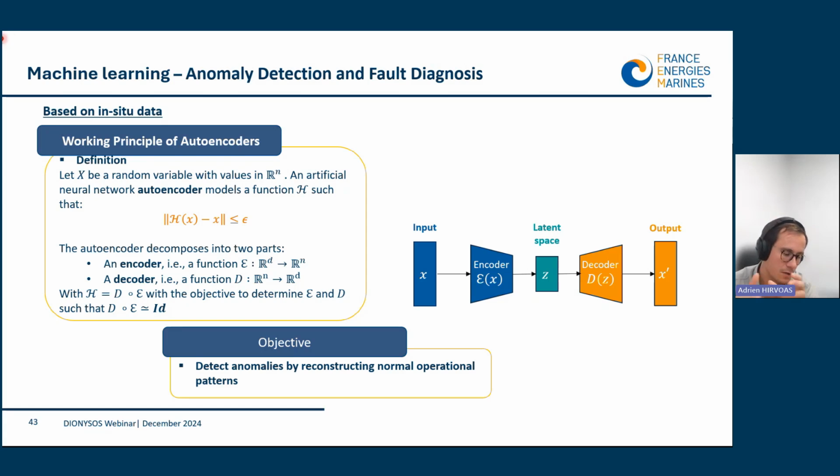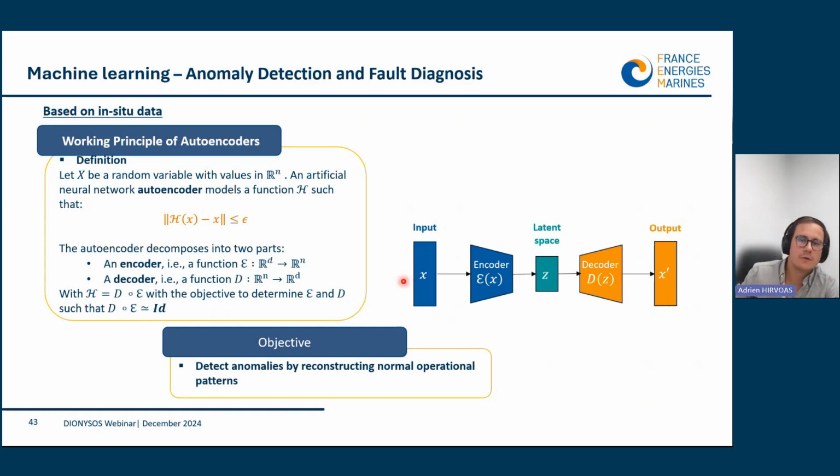So it's a mathematical formulation that will extract the most important information in the input and reduce in the information in the latent space with a few dimension state. And then we have a decoder function that will extract the information from the latent space and reconstruct the input in a best way.